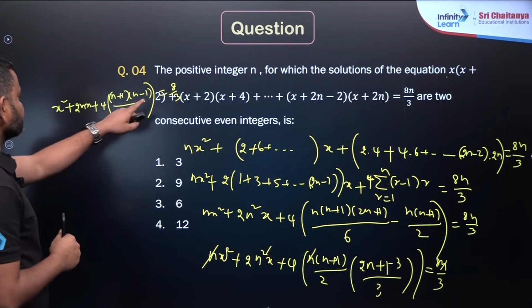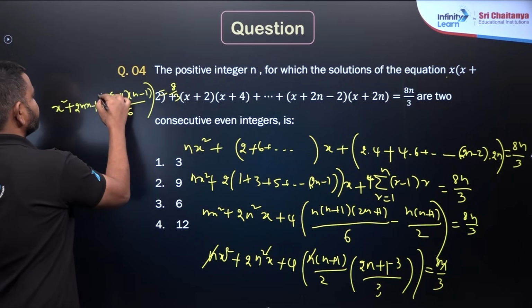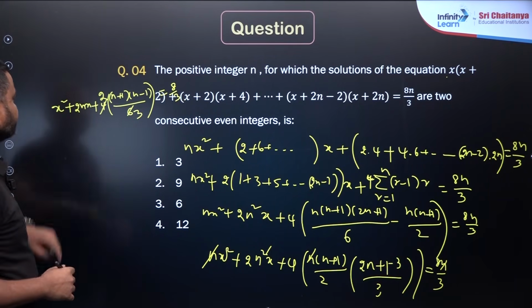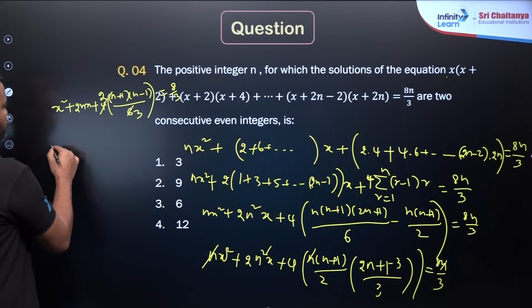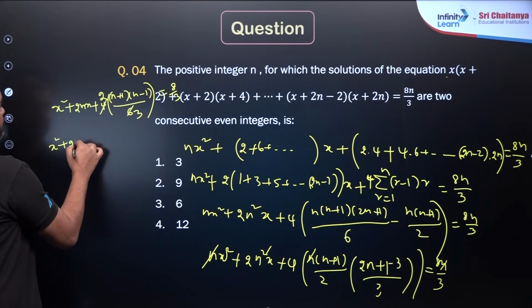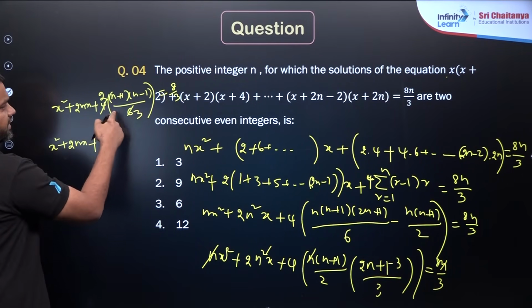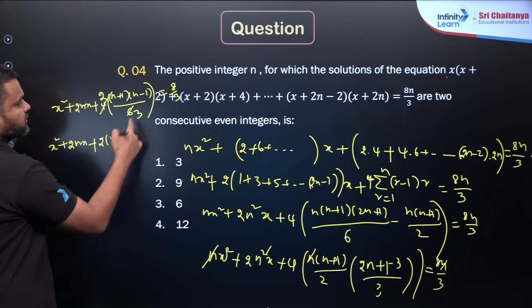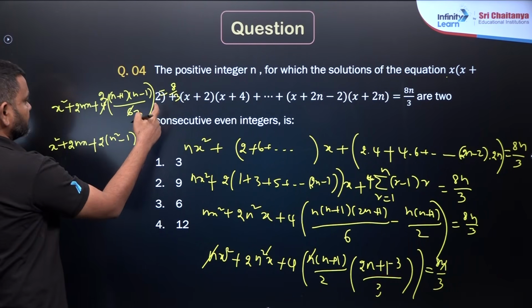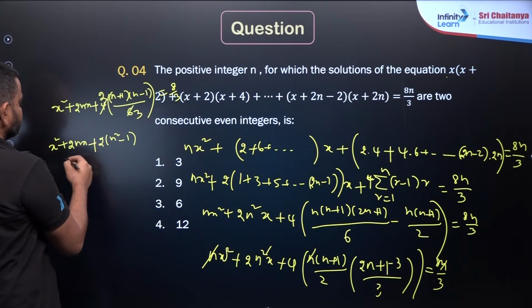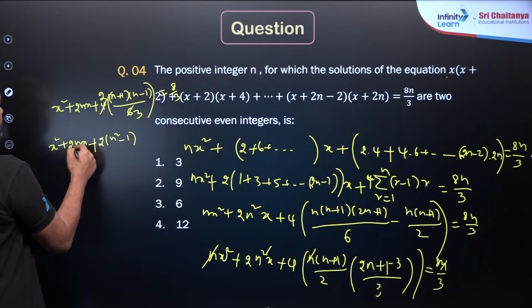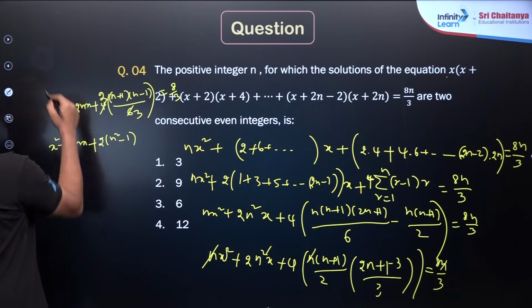Now if I cross multiply, you can simply write this as 2 by 3 here. Now cross multiply with 8 and try to make this as an equation here. So you are going to get x square plus 2nx plus, here 2 is there, so this is going to be 2 times of n square minus 1, and I have to multiply it with 3. So let's do one thing, I'm going to write here with multiplied 3.